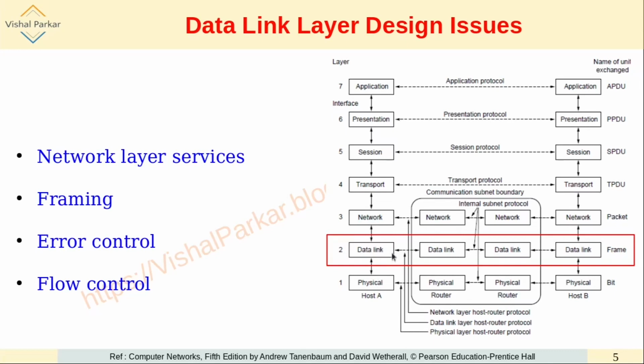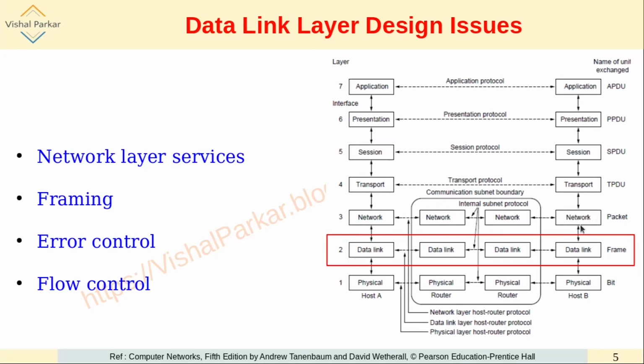So the prominent functionality of data link layer once again is to provide services to the network layer. Now what basic service is provided? Transfer the data which is received by the network layer on the source machine to the network layer on the destination machine.